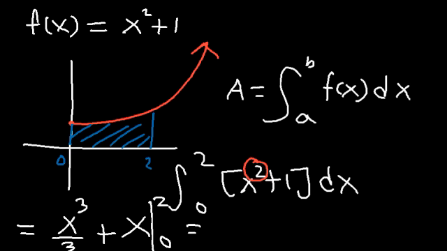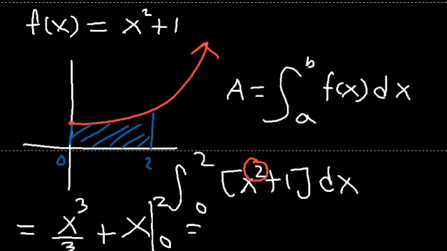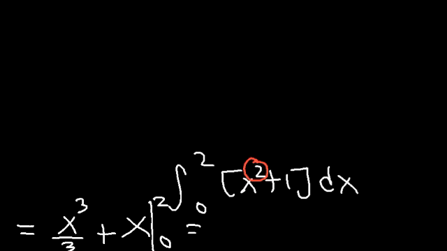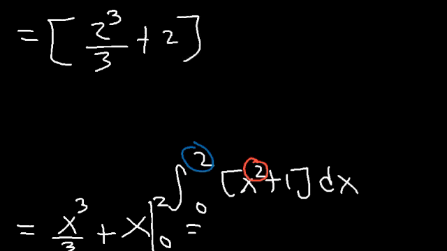Now, we need to plug in 2 and then 0. I'm running out of space, so let's make some space. Plug in 2 first, the top number, into x. So it's going to be 2 cubed divided by 3 plus 2, and then minus the lower limit of the integral, which is 0.